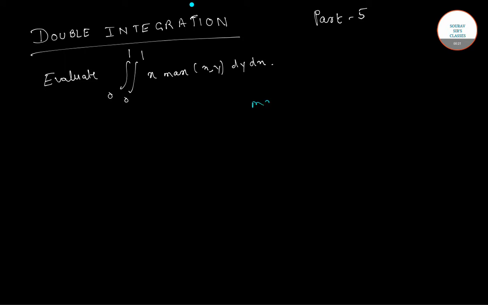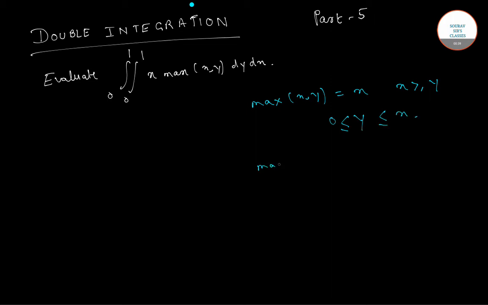Now this maximum of x comma y is equal to x if x is greater than or equal to y. So in this situation, the value of y would go from 0 to x.